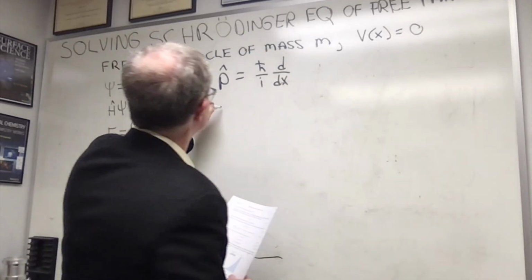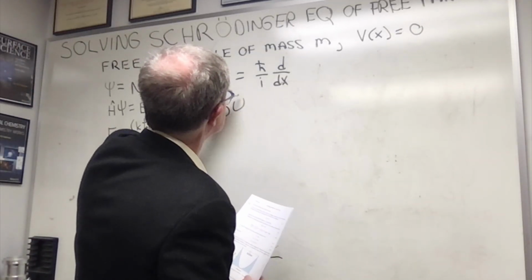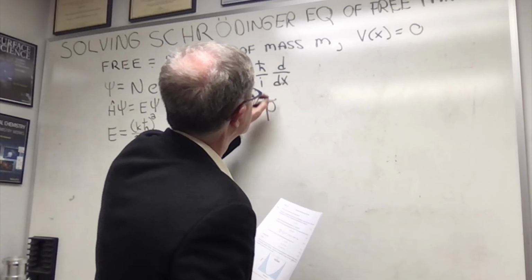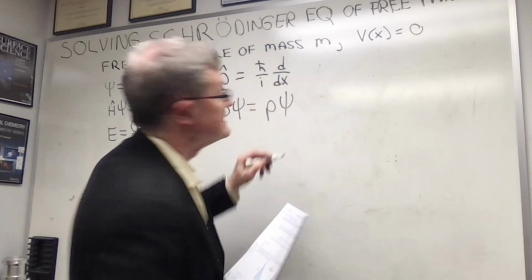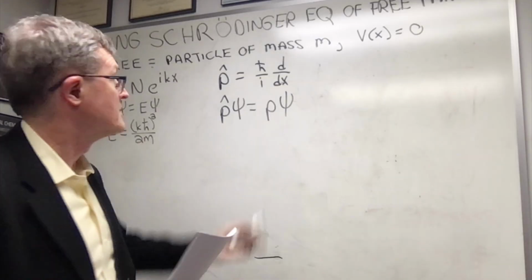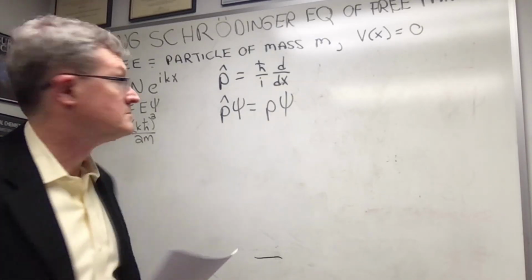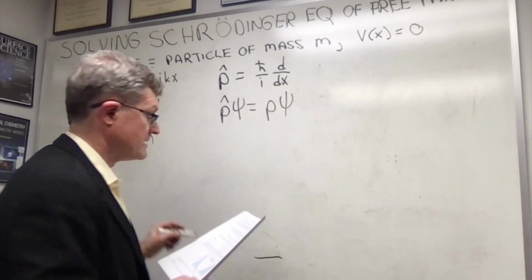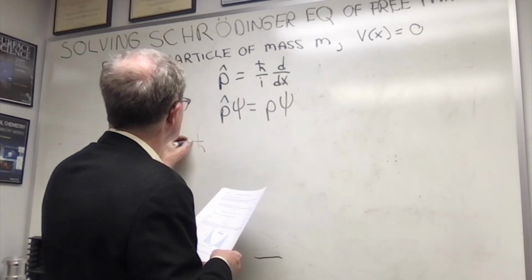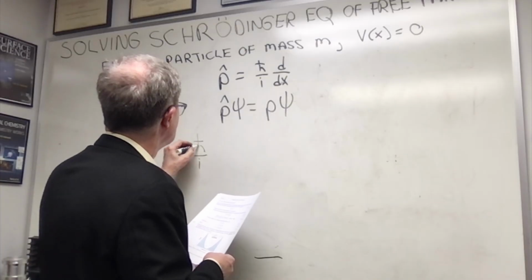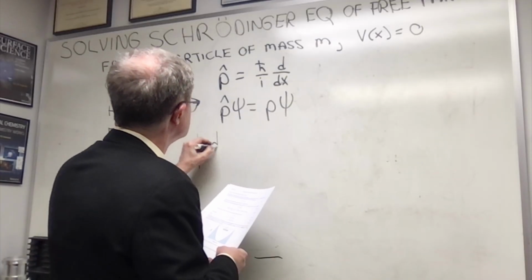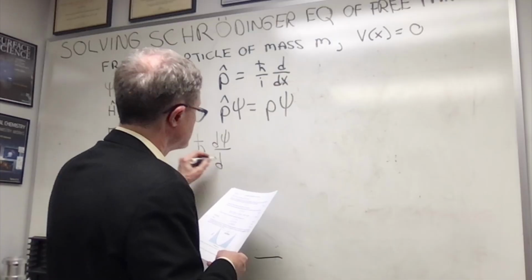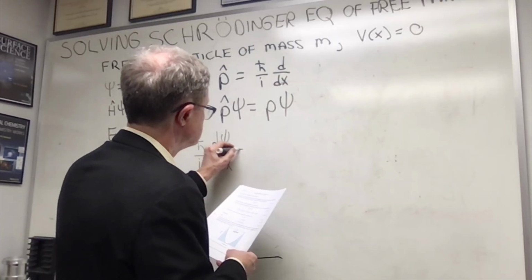And then all we have to do is apply p hat to the wave function, and the eigenvalue of that operator will be the linear momentum. We know psi, so we can substitute that in here: ħ over i times the derivative of psi with respect to x.